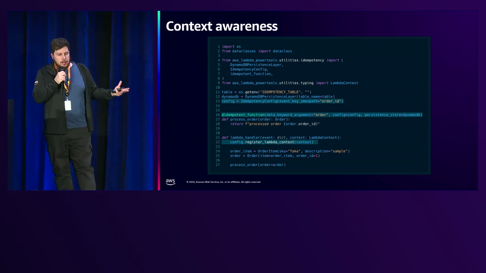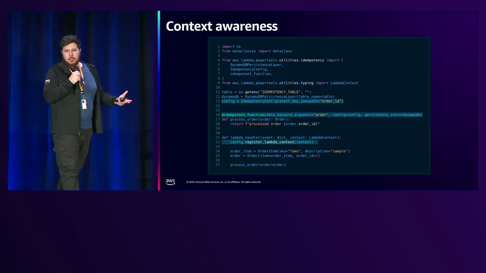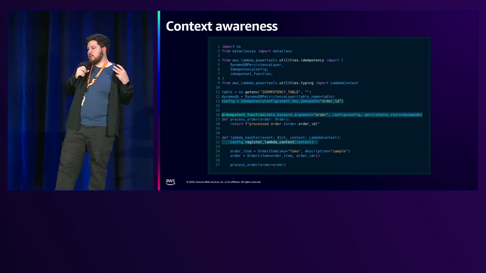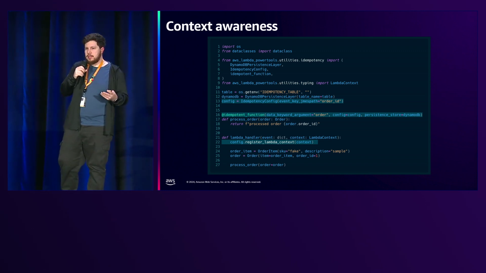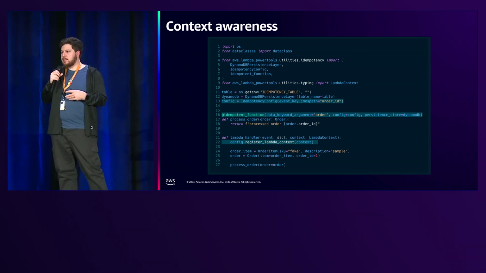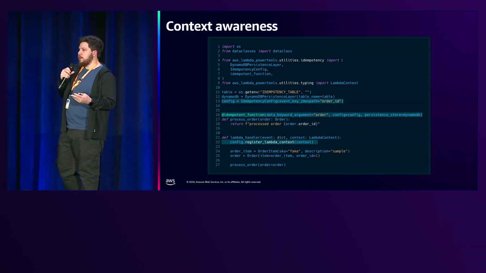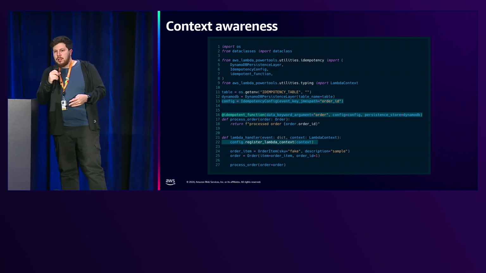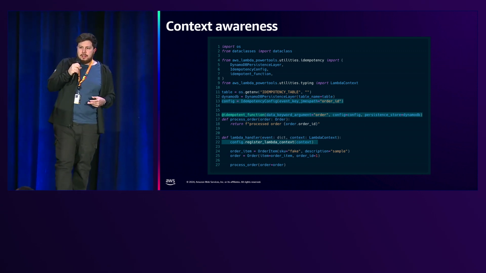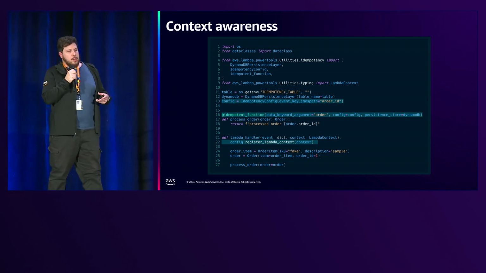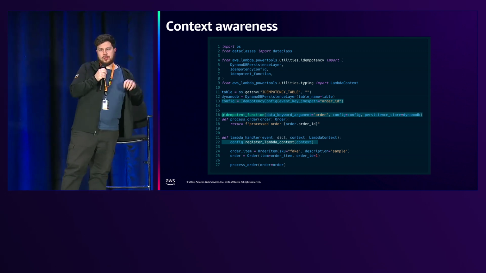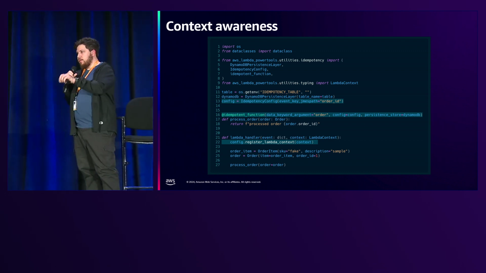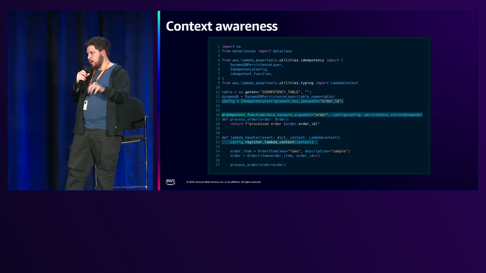There is also another concept there, line 22, which is that we're making the utility aware of the Lambda context. Why is this important? Because the Lambda context holds information about the remaining time of a Lambda function. The context has a method called something like get remaining time in milliseconds, which tells the utility how much time the function has left before it will time out.